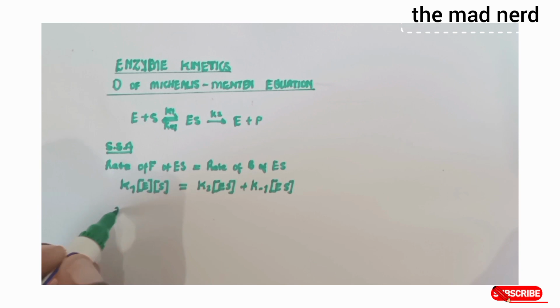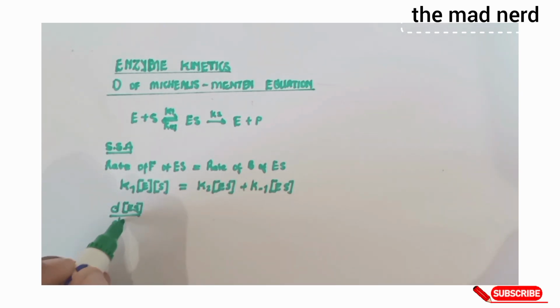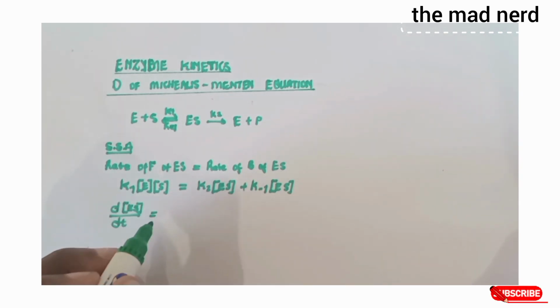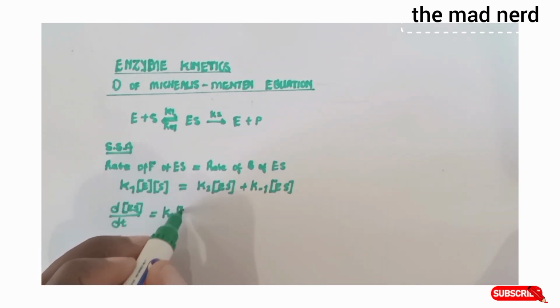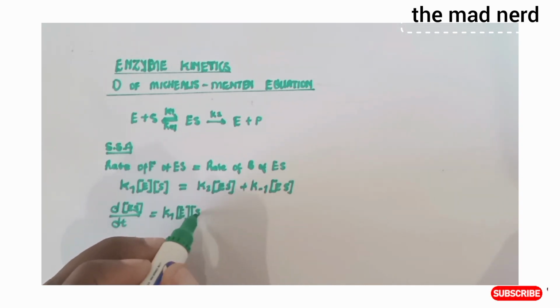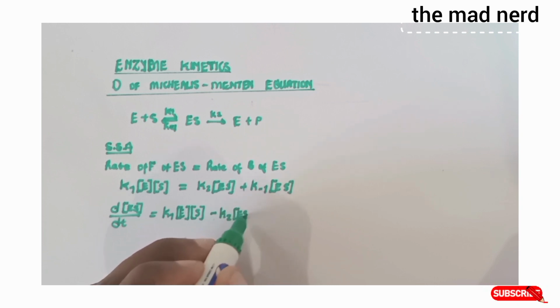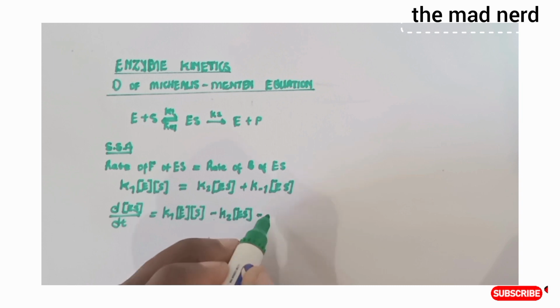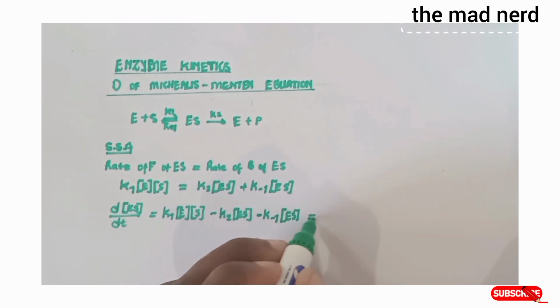The rate of change of ES, d[ES]/dt, is equal to K1 times the concentration of E times the concentration of S, minus K2 times the concentration of ES, minus K negative 1 times the concentration of ES, and that is equal to 0.